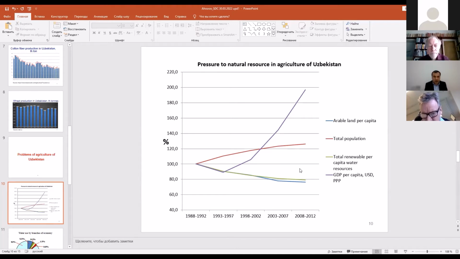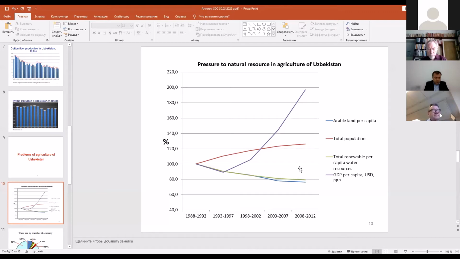As you can see from this chart, the arable land per capita is decreasing, and in rural areas less and less arable land is available per capita. So the pressure on land, the overuse of soil resources by agriculture, is caused by this density.